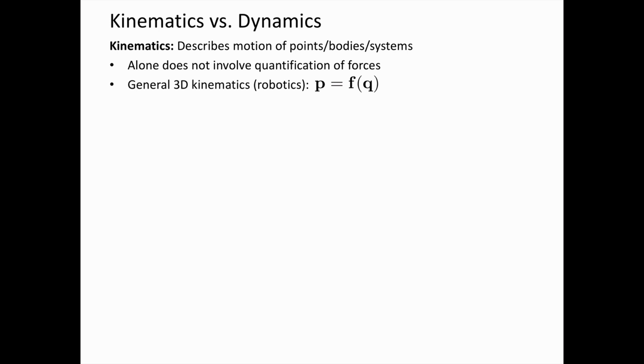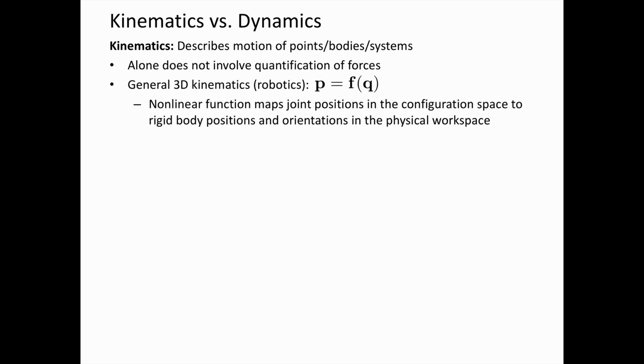So in a general 3-dimensional kinematics problem, such as the robot we saw on the previous slide, we would be interested in mapping a quantity in the configuration space represented by the vector q to a point in the actual physical workspace represented here by the vector p. And so there's some vector valued function or mapping from the configuration space to the workspace. Deriving this function f, that's one of the challenging tasks in kinematic analysis.